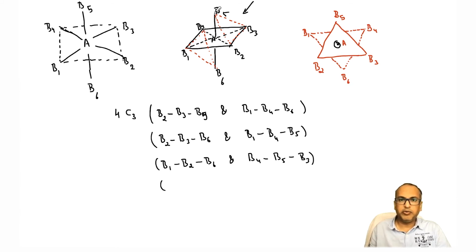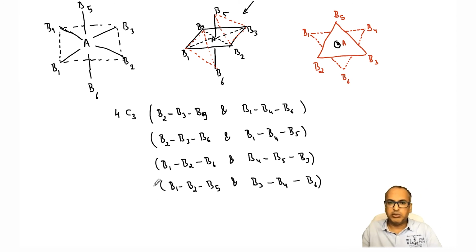Also B1, B2 will be forming another triangle with B5. So B1, B2, B5 and B3, B4, B6. So these are the 4 C3 axes which will be present.